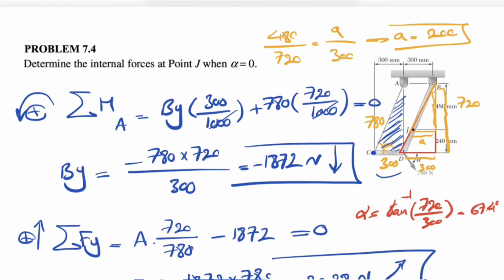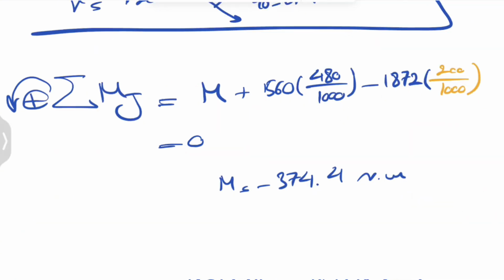So A would be 480 times 300 divided by 720, so our A would be 200. That's exactly what we needed. We were trying to figure out this distance, which is 200, so times 200 divided by 1,000, since it's in millimeters, and this will be equal to 0.